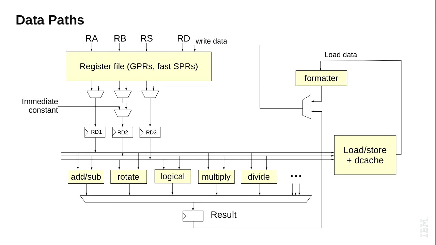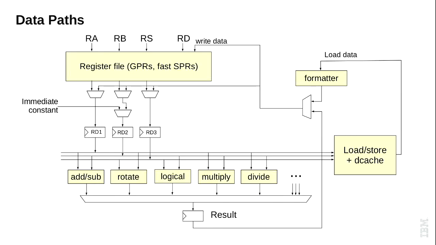You get 64 bits back, but if you only did a load byte, you read this much but you're only interested in that much, so you have to shift that to the right and mask off the rest to get the value to write into the register. So it's that shifting and either 0 extension or sign extension.